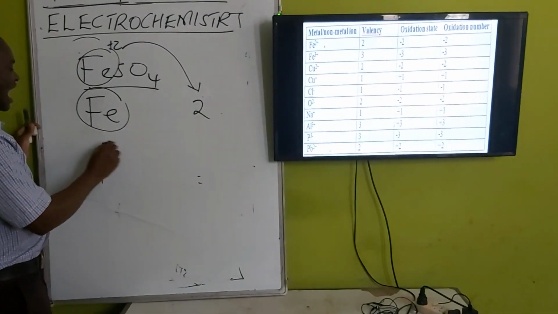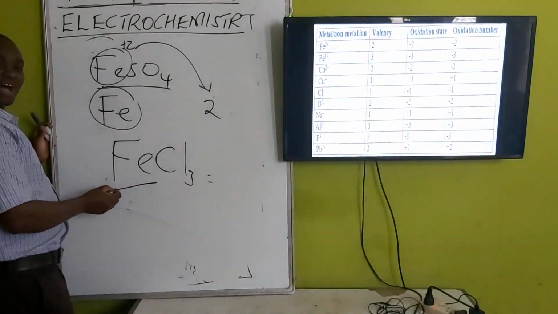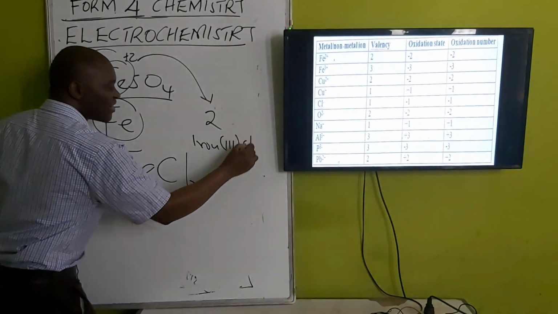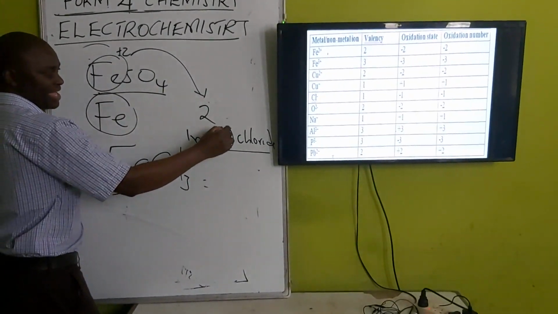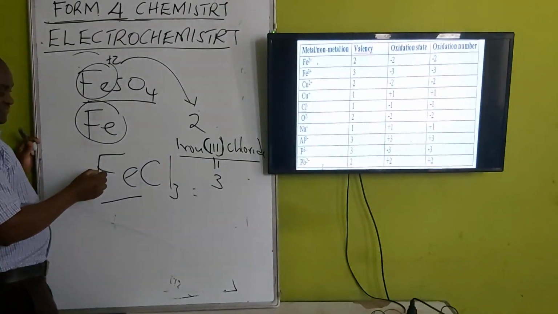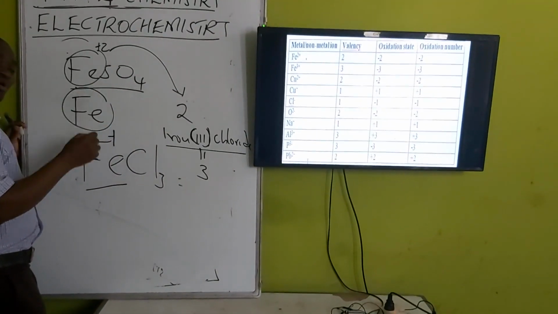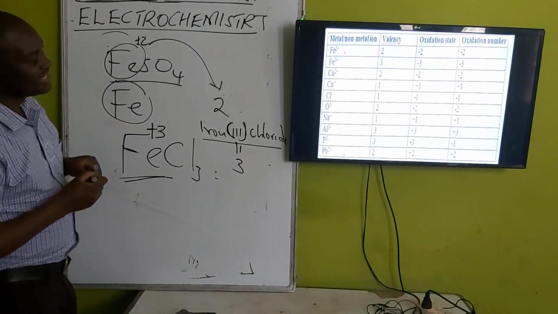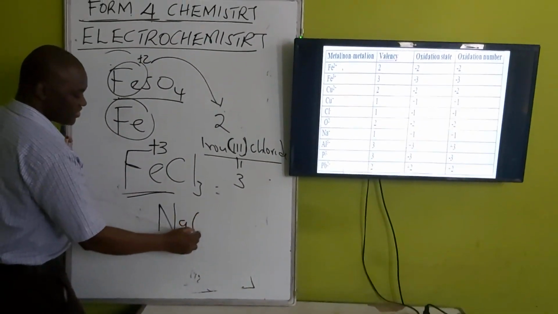If we are talking about iron 3 chloride, the valency is this number in brackets, so the valency here is 3. If this ion has a valency of 3, then the oxidation state is positive 3. Now we come to sodium, let us say sodium oxide.